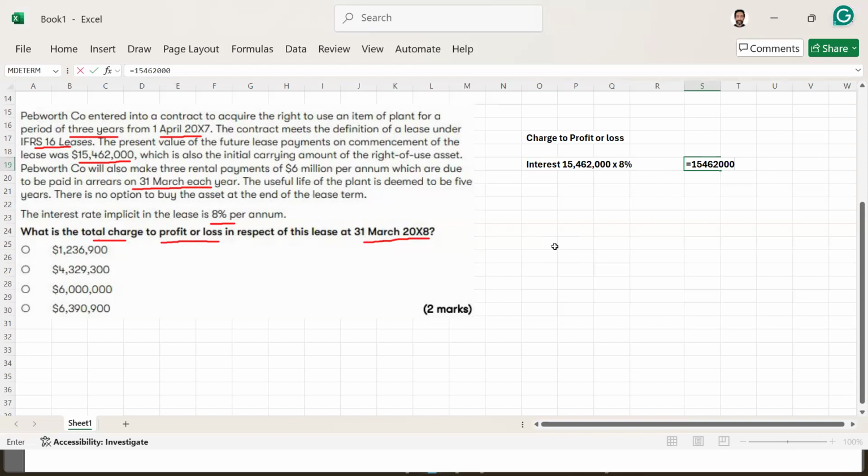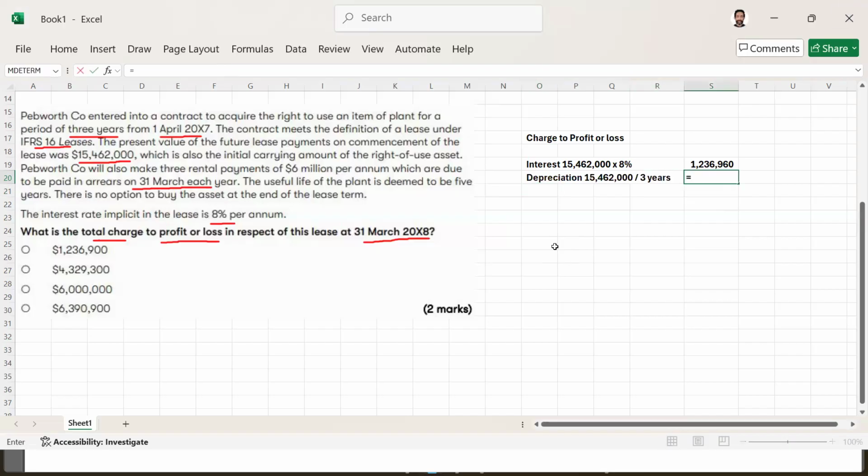15462 into 0.08. So the answer is this one relates to the interest and the depreciation, straightforward, which is the value, because that is the same value of the right of use asset. So 15462,000 divided by the lease term, which is 3 years.